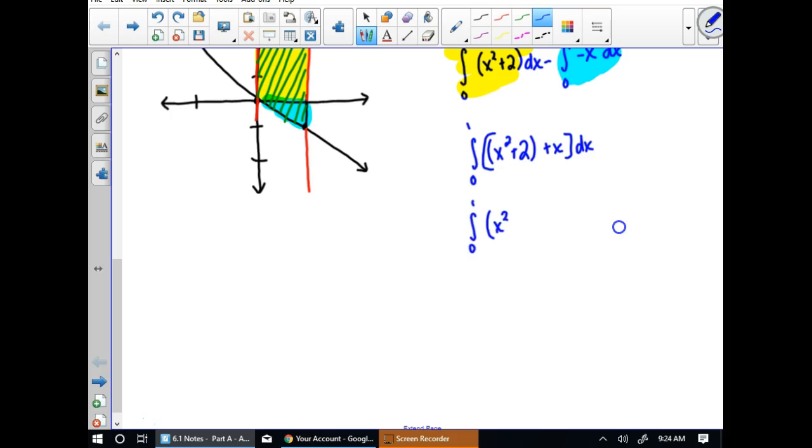So x squared plus x plus 2 dx. Okay, so we are going to integrate this. We will get 1/3 x to the third plus 1/2 x squared plus 2x. And we are going to evaluate that from 0 to 1.